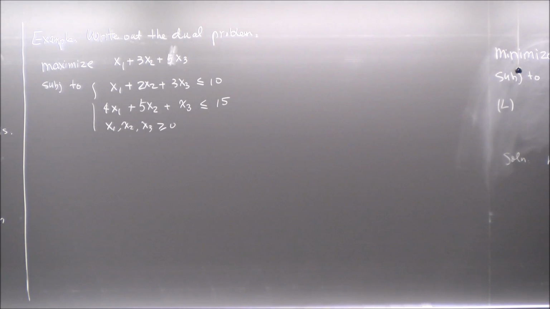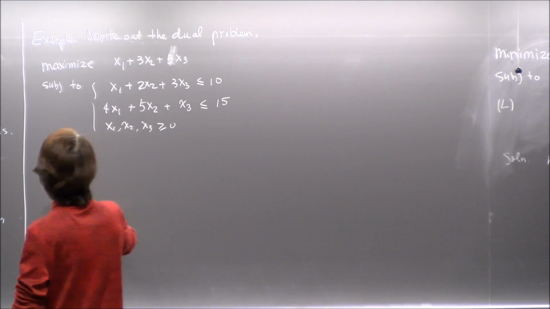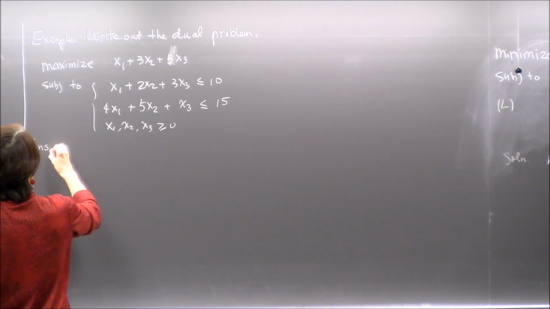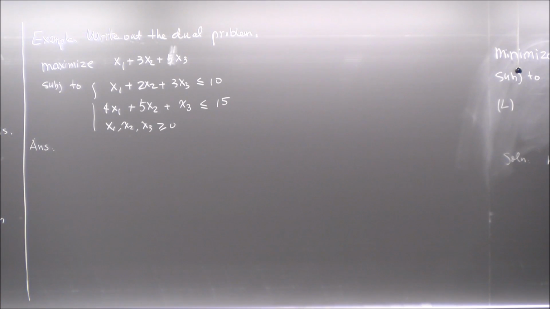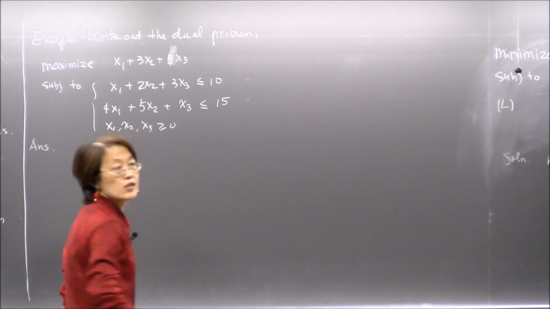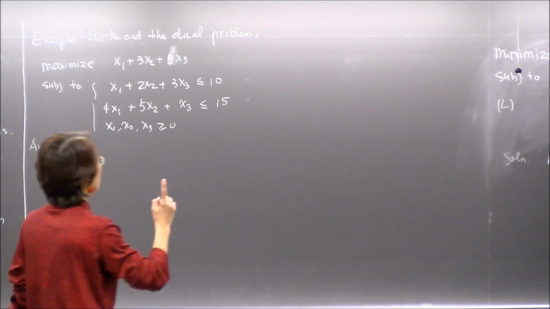So how would you write out the dual? So you see that's a max problem. They're maximizing something and the constraints are less than or equal to, right? Okay, so all you need to do is strictly follow the definition and write it out. So how many variables will I have for the dual problem? We'll have 2. The number of variables in the dual will equal the number of constraints that you have in the original, right? One for each.